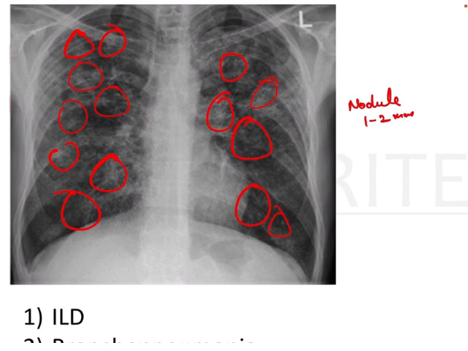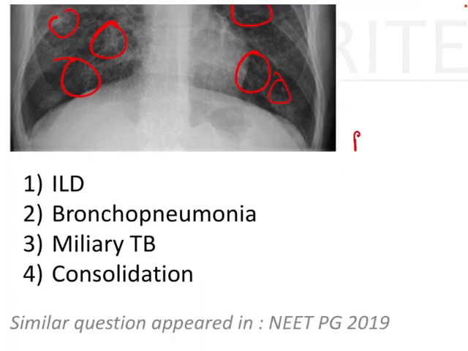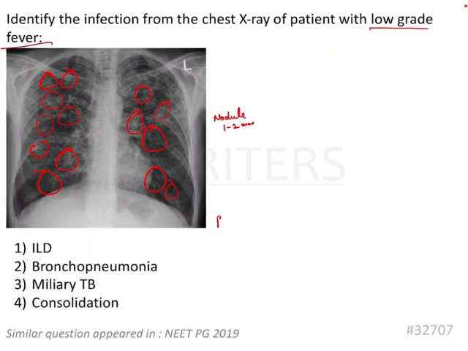So this particular pattern shows pinpoint opacities, which are seen here, and these are homogeneously spread throughout the bilateral aspect of the radiogram.